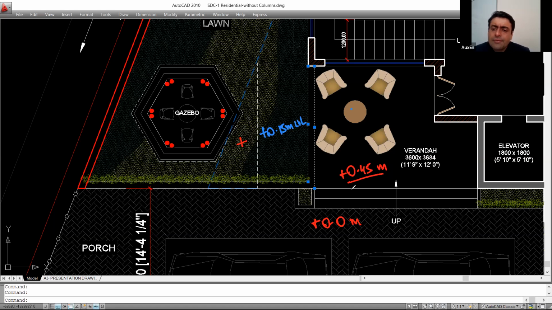Yes, 0.15 from the FGL, of course. This is 0.45 plinth. From the plinth, I am climbing down 2 risers. So I have to subtract 0.3 from the plinth. Therefore, I come to this level, 0.15, isn't it?